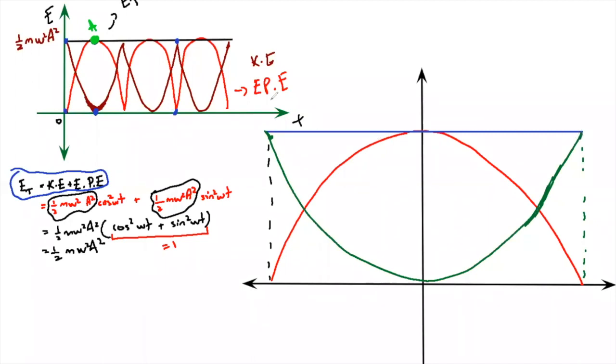It shouldn't go up, nor should it be down. So the blue one is my total energy. Okay, can anyone tell me what is the red one and what is the green one? Which one of these is kinetic energy and which one of these is elastic potential energy? What do you guys think?